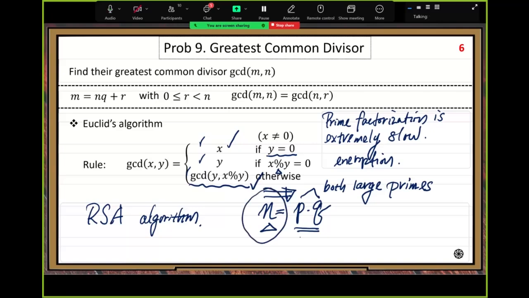This large number can be sent to the users as a public key. For encoding, the user needs a pair of keys, a public key and a private key.